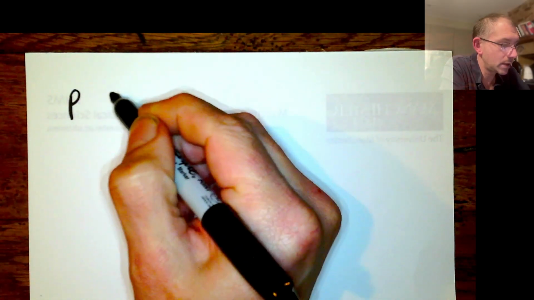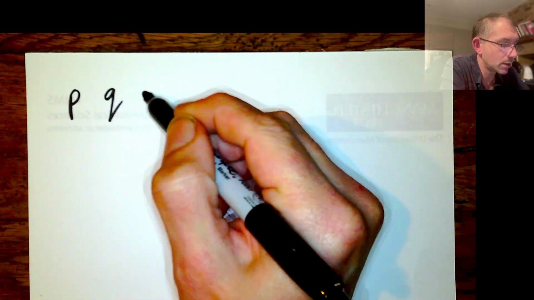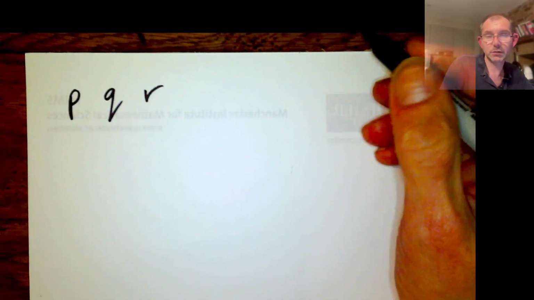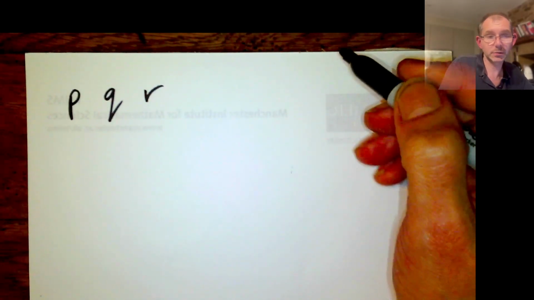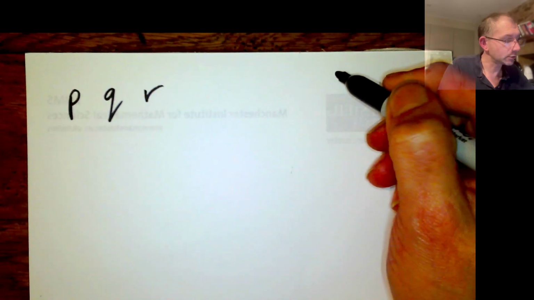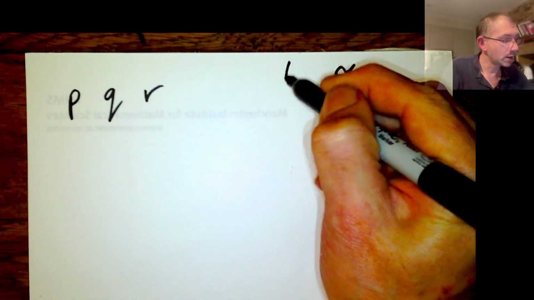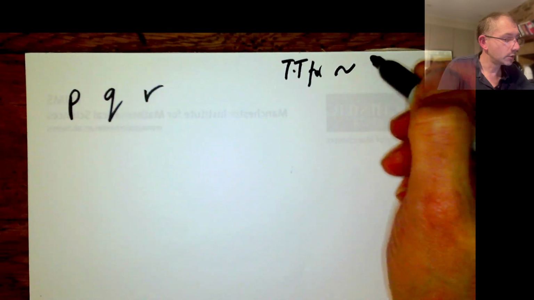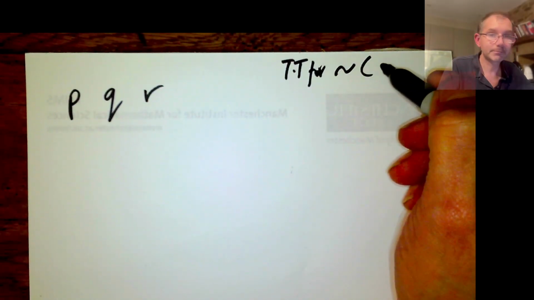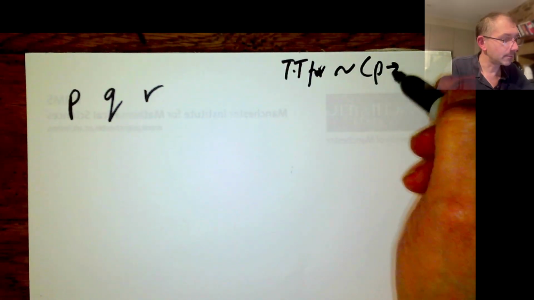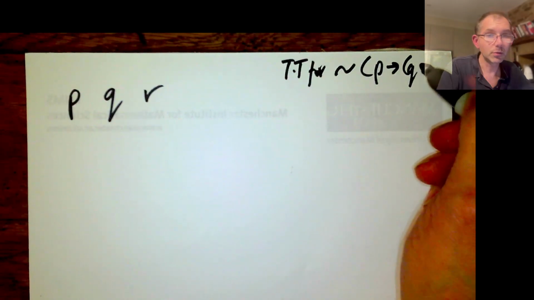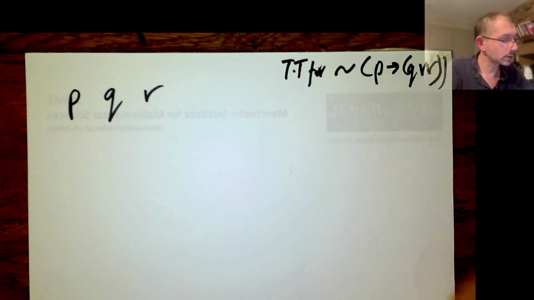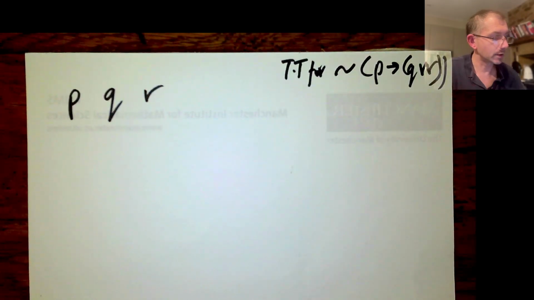We're going to have P, Q, and R. And I'll just remind myself at the top right what we're aiming to do here. We want to get the truth table. So this is the truth table for not of P implies Q or R. Okay, so that's a V there.